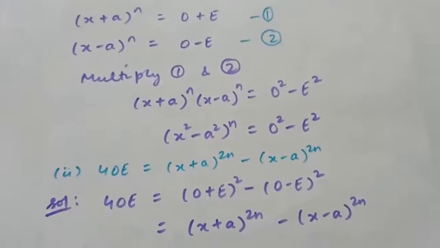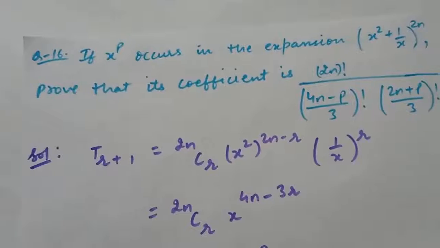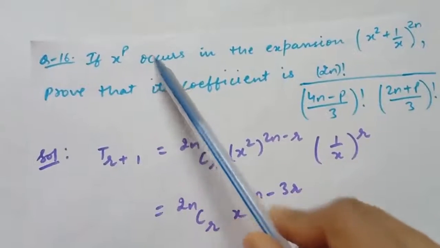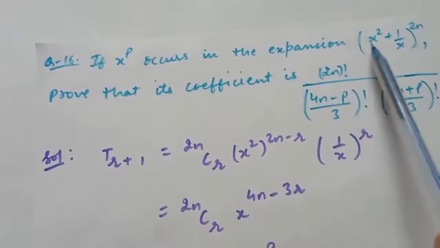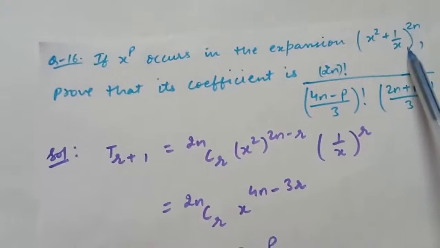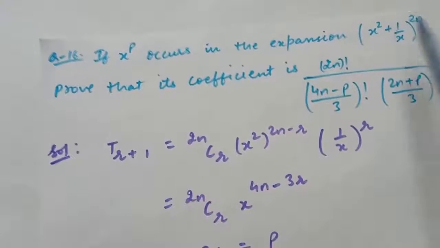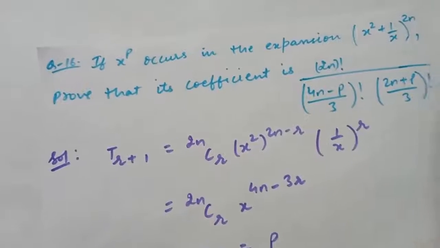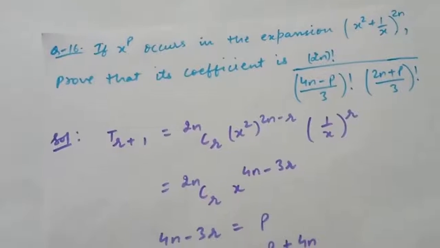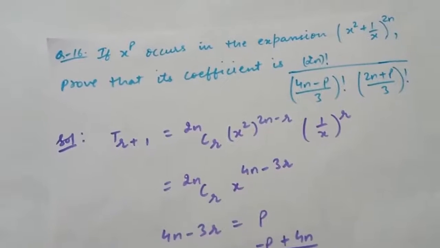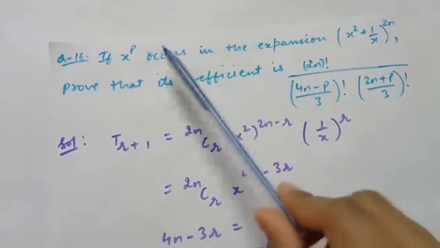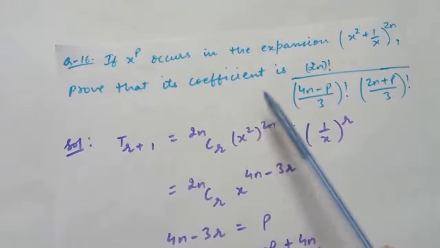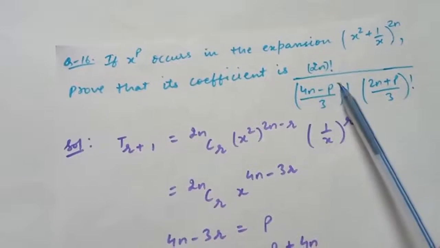Clear? Question number 16th, if x^p occurs in the expansion of (x² + 1/x)^(2n), prove that its coefficient is this. So we have to find the coefficient of x^p and we have to show that it is this.